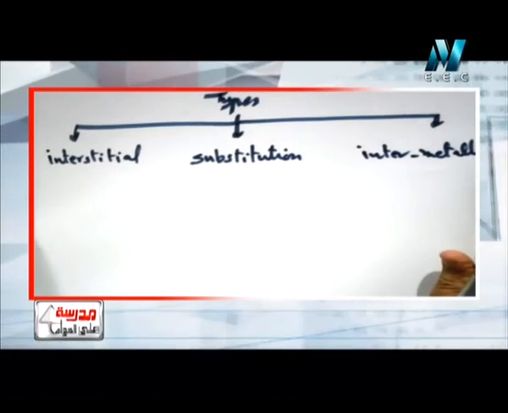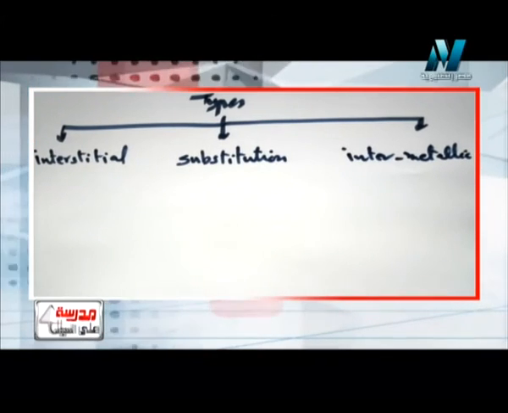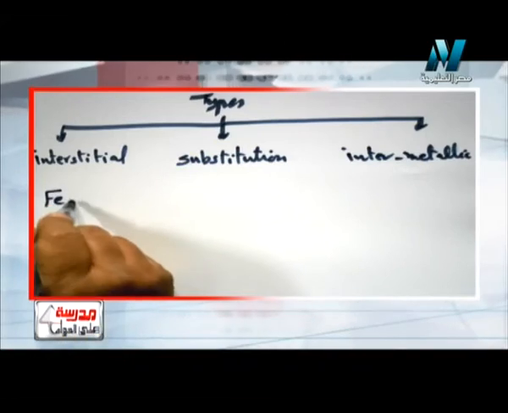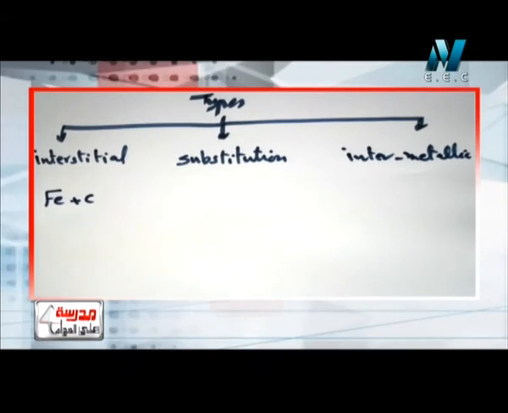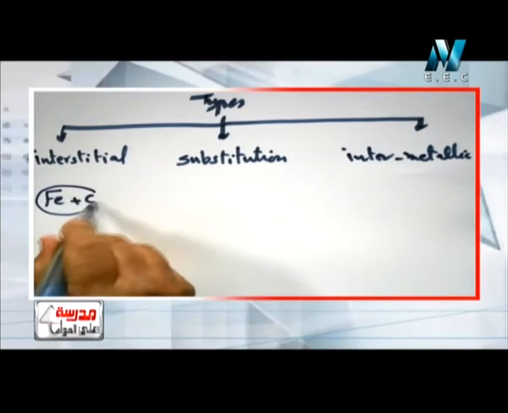In order to make a comparison: if the two elements are different in properties, such as a mixture of iron and carbon without any combination or bond, this is called interstitial alloy.